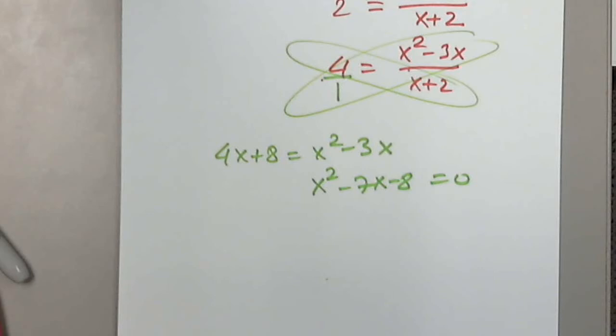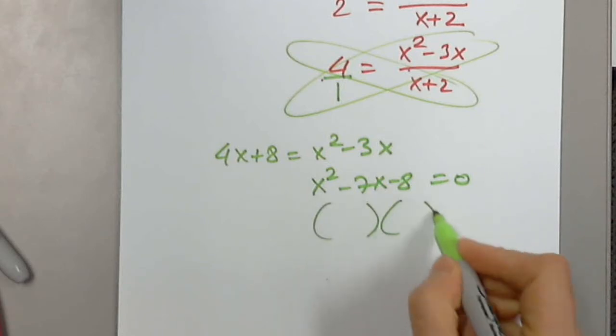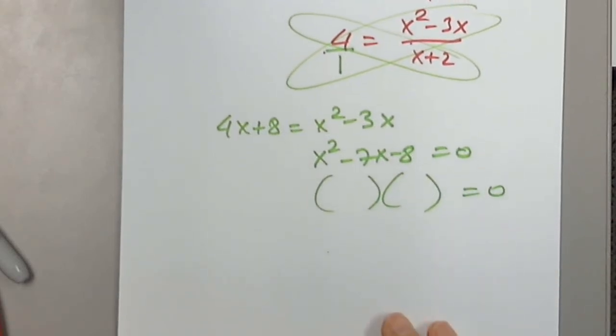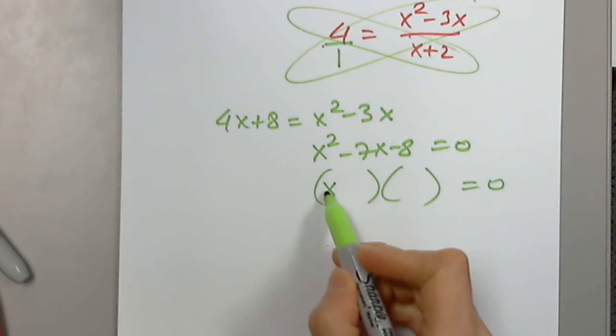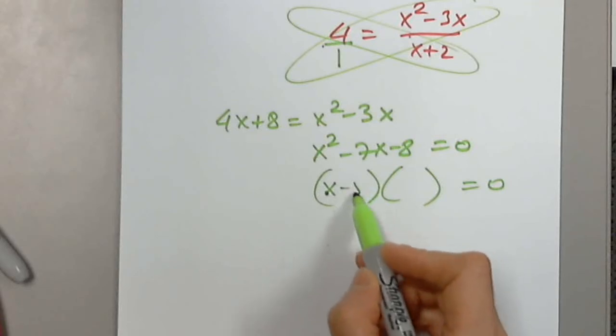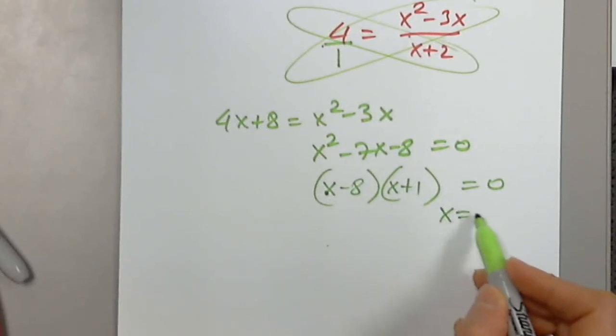Okay, so what do I do with x squared minus 7x minus 8? Negative 7 and 1, or 1 and negative 7. Negative, positive 1. Very good.